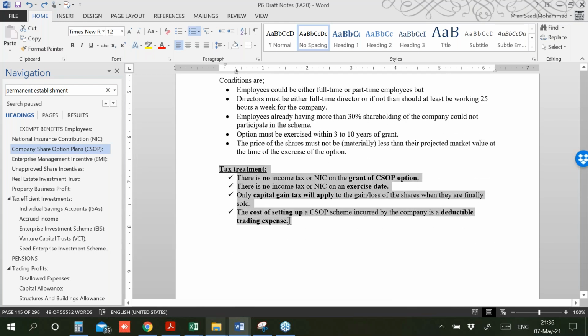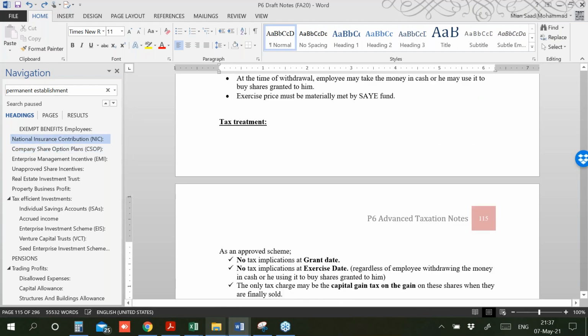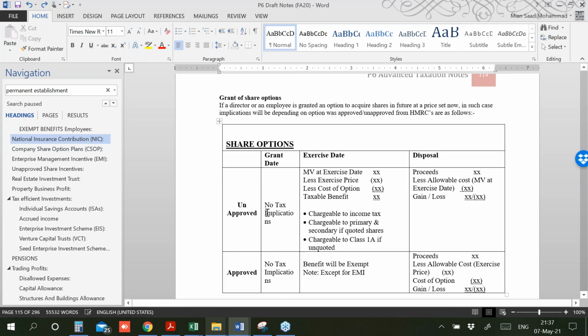And as for all approved schemes, no IT or NIC implications at grant date and exercise date. The only tax implication will be capital gains tax, that is on disposal. And I have made a table at the start, which I showed you when we were studying EMI as well.